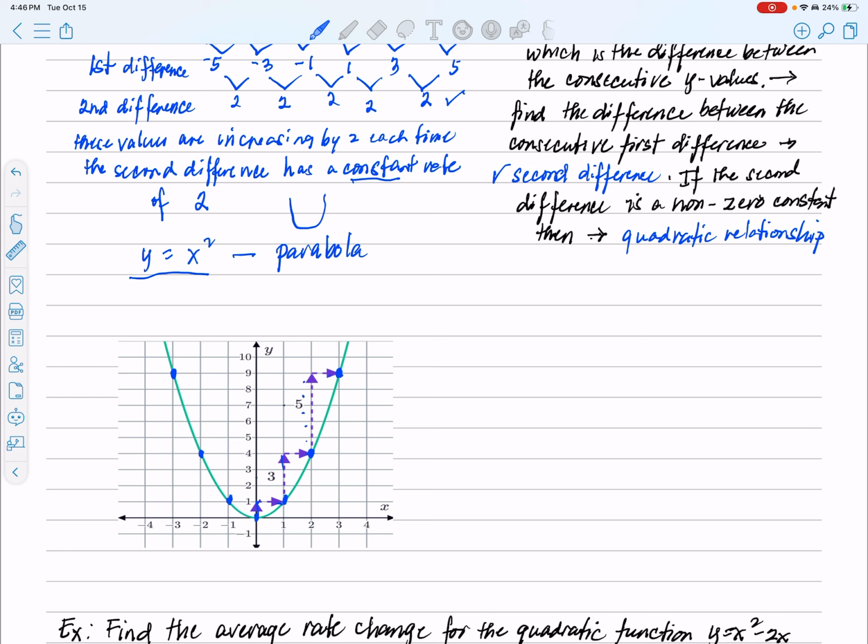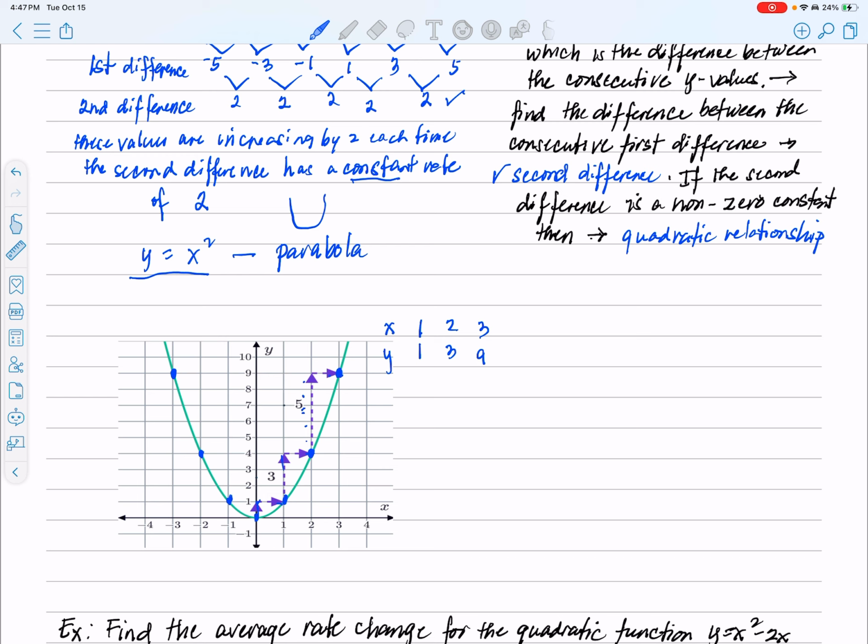From 1, it becomes 3. From 3, it becomes 5. Look at the interval here for the y values. When it's 1, it is 1. When it is 2, it is 3. This is the input, the output. When it's 3, it is 9 on the right side.